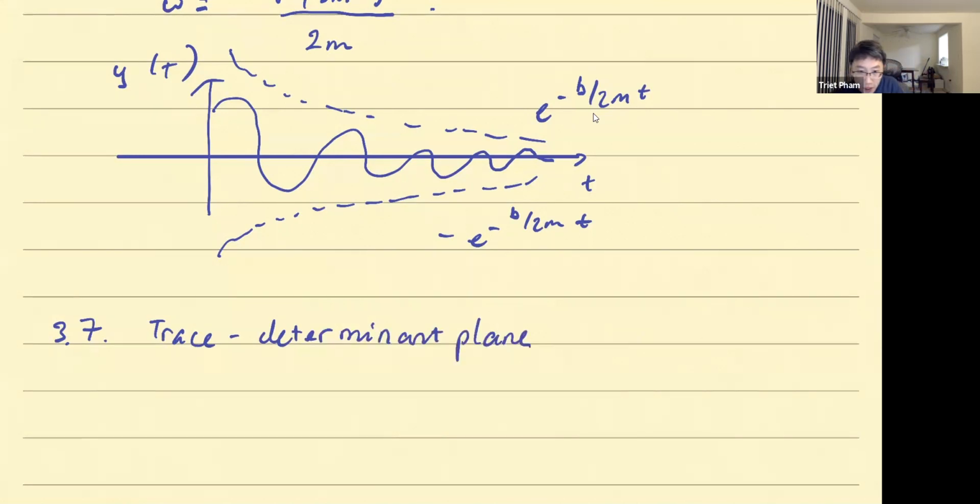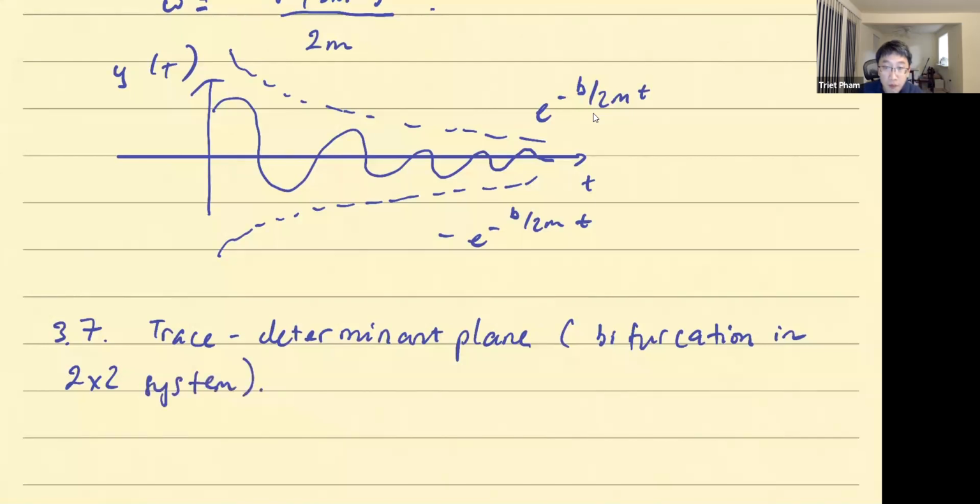But actually the real point is bifurcation in 2x2 systems. So let me give you an example, so you see what the point of the question we consider is.